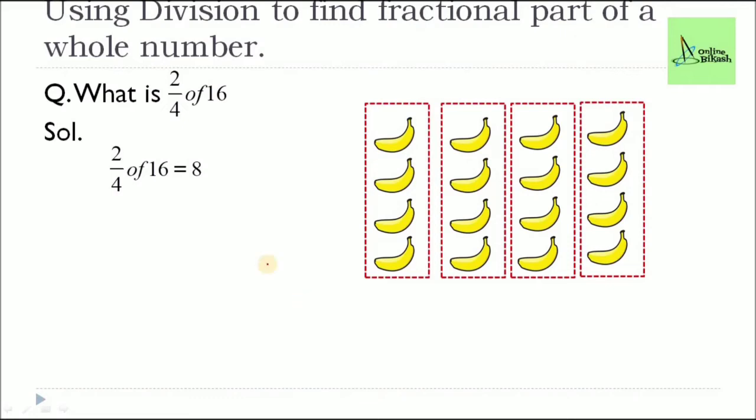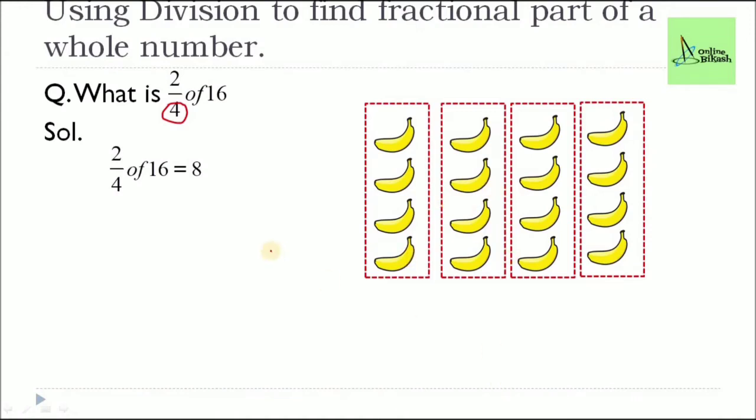Now we have to make 4 groups. Since this is 4, we have to make 4 equal groups. If you make them 4 groups, then in each group how many bananas will be there? You will have 1, 2, 3, 4: 4 bananas you will have. Am I right?